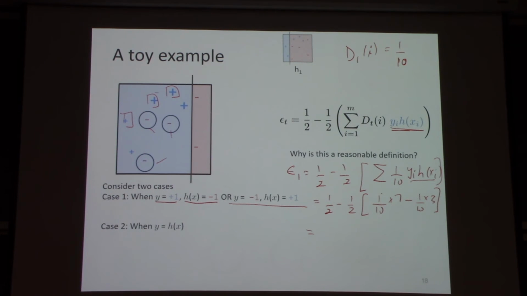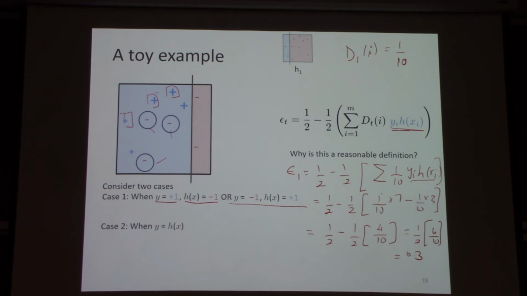Have I made a mistake here? That's right. If all examples were equally important, you get that the error is 0.3. So this makes sense.